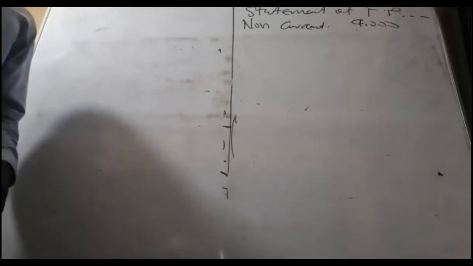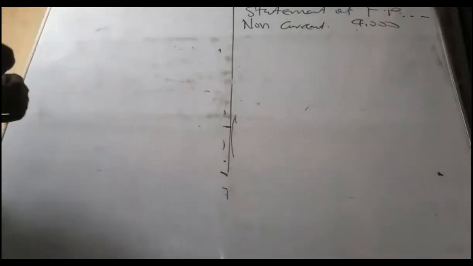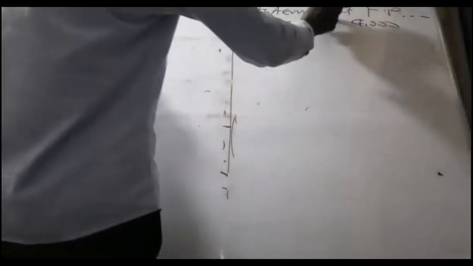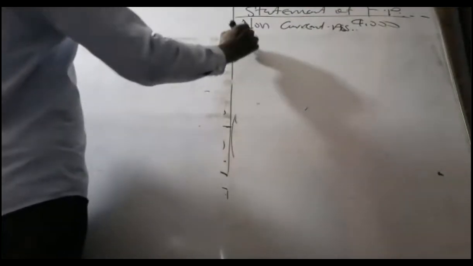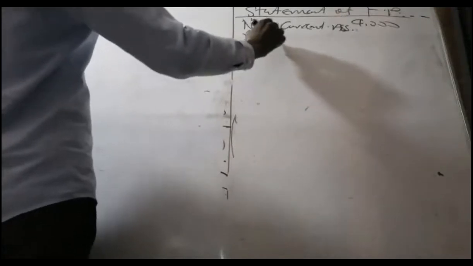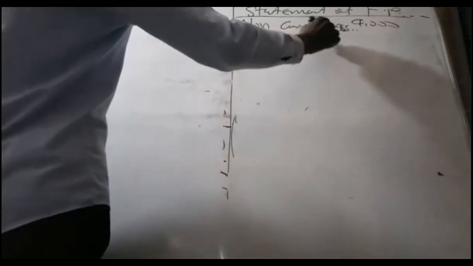Let's go to non-current assets. Immediately, write PPE, property, plant, and equipment, and leave it. If you've scanned through the trial balance very well, you should be able to know some items that will be there.